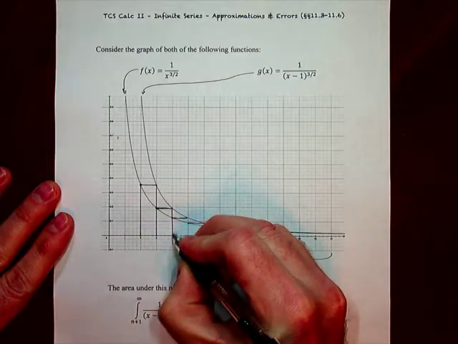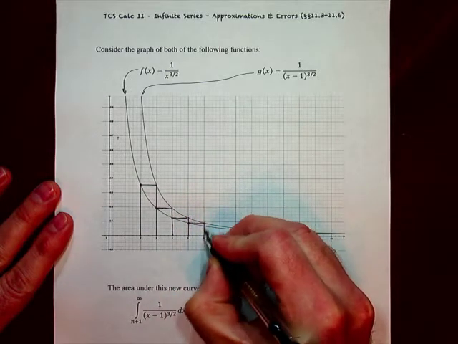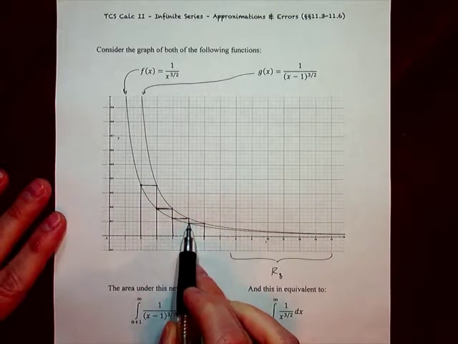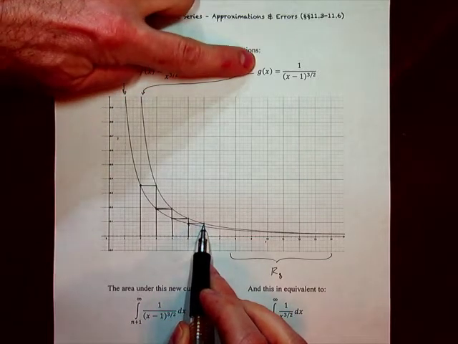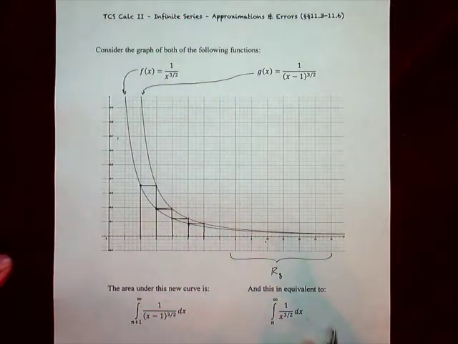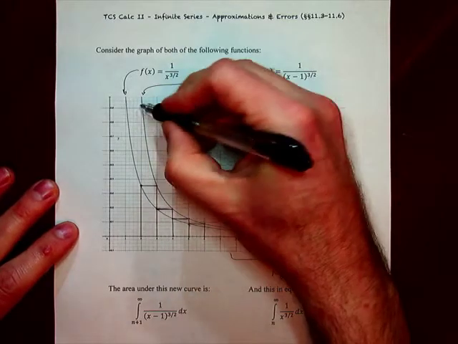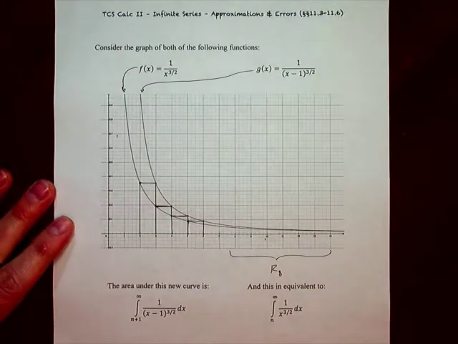And so basically, because the height at the left for a left-hand Riemann sum for this function and the height at the right for a right-hand Riemann sum for this function are the same height, you can recognize the fact that that Riemann sum is going to be an area that is sandwiched between those two functions.